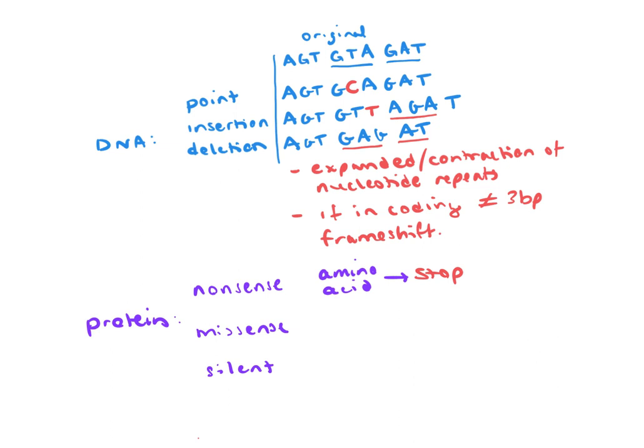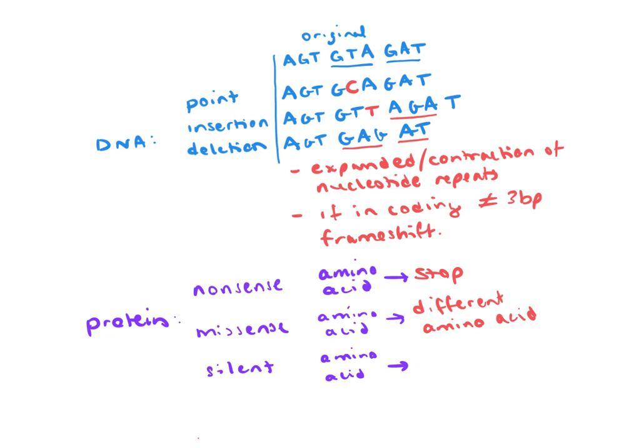A missense mutation is where the amino acid changes, so the codon for one amino acid is changed into a different amino acid. Again, this can change into an amino acid of the same chemical properties, which might not have that big of an effect, or it could be a totally different amino acid that causes some serious problems with the protein function.